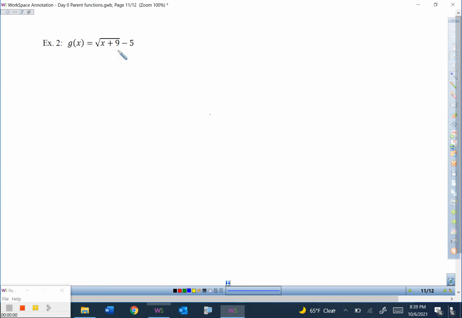Next one here, again, first step is figure out the parent function. Ours for this one is a square root. And it looks like usually starting at 0, 0, going to the right.